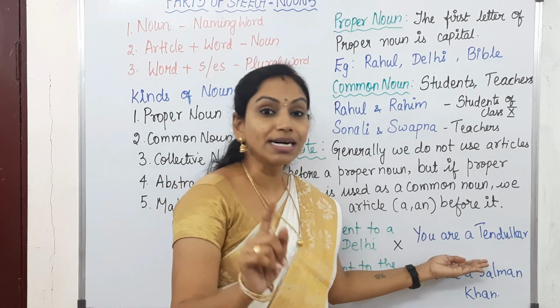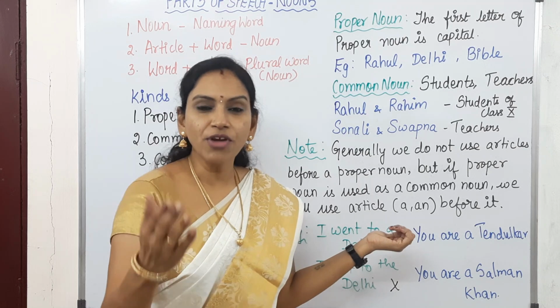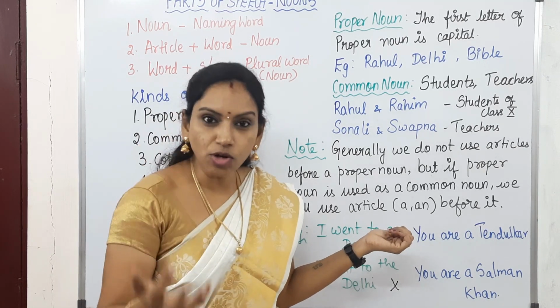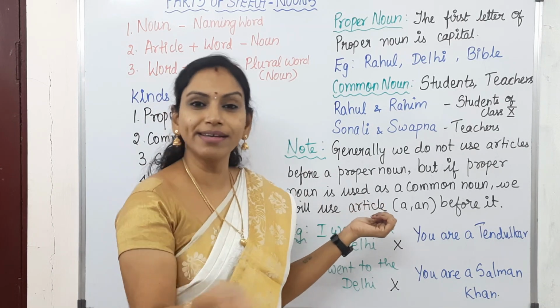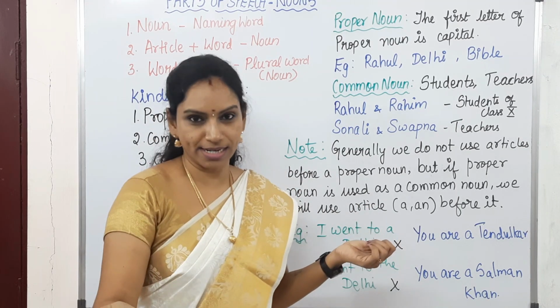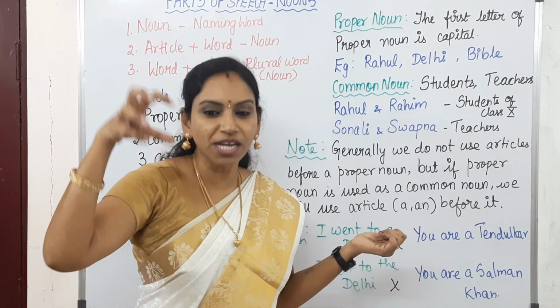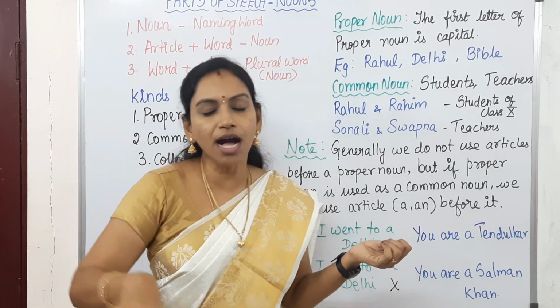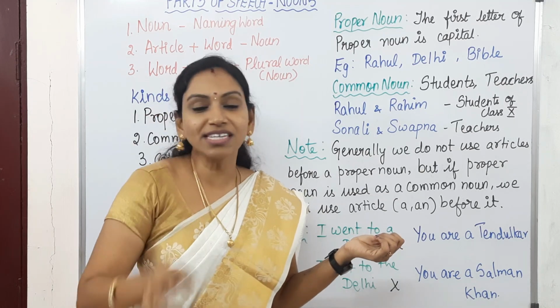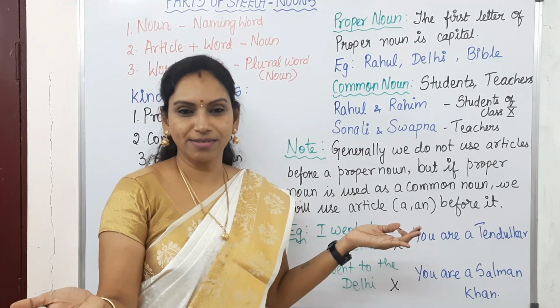You are a Tendulkar. You are like Tendulkar only. If you are playing cricket like Tendulkar, you are giving all 100 runs. So you are comparing a person to Tendulkar. Tendulkar is a wonderful player, kept in common for all the young cricket players. In such a situation, you can say "you are a Tendulkar."